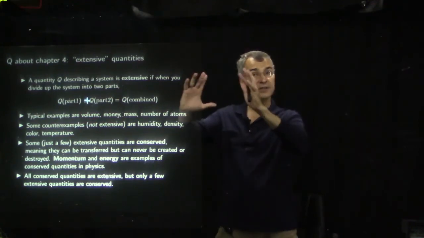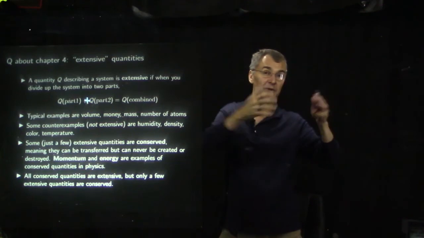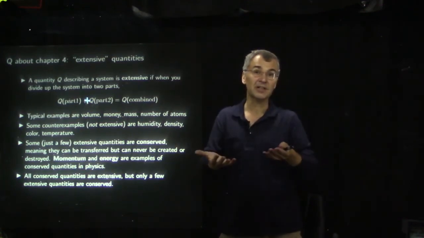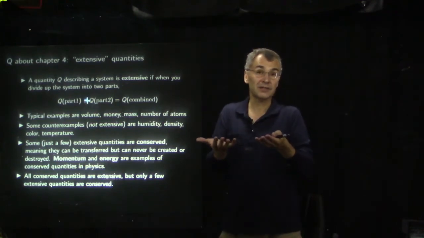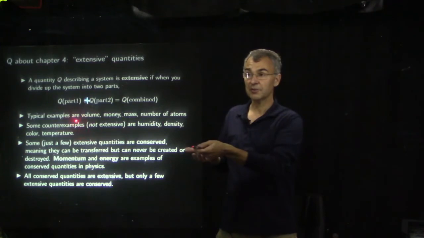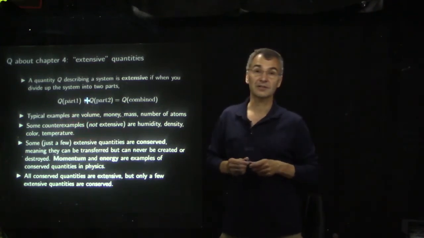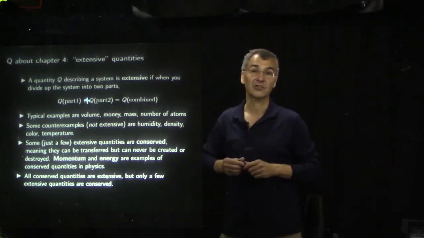I have a room of so many cubic meters, and I have another room of so many cubic meters, and I say, what's the combined volume? It is the sum of the two volumes. So I guess that does tell you the volume is extensive, but it's not necessarily conserved, because there could be chemical reactions that change the volumes of things.